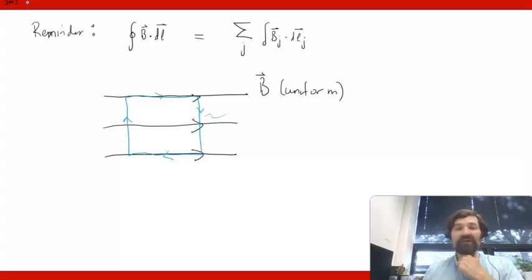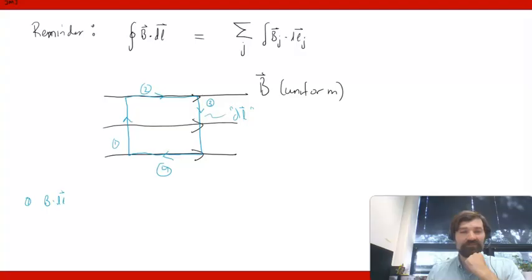So this would be my dl, which I'm going to put in quotations. It's easiest to split this closed loop integral into 4 pieces. So let's say 1, 2, 3, 4. And so for 1, my B dot dl is just 0 everywhere because my dl is in this direction and my B is in this direction.